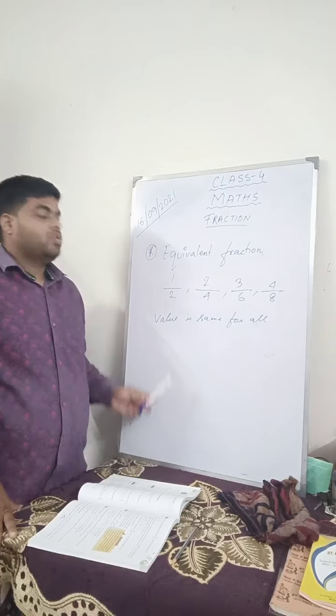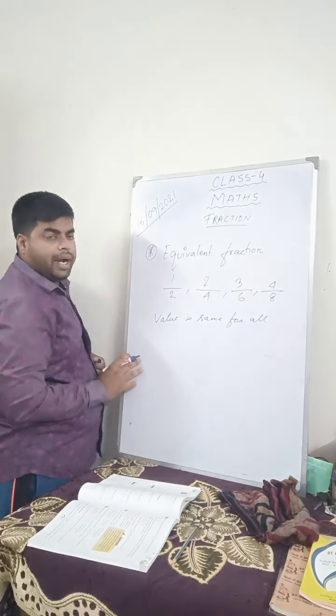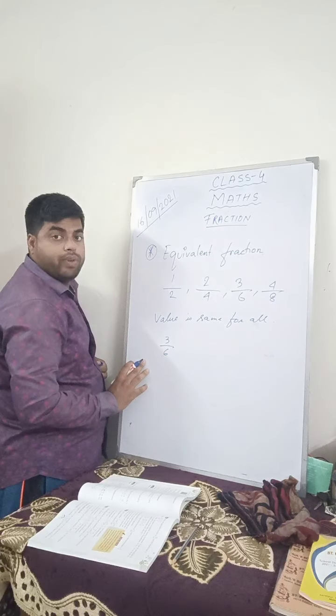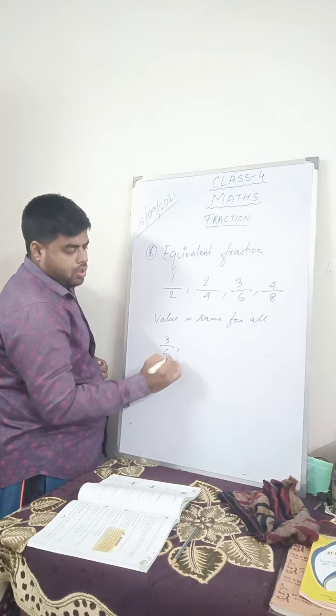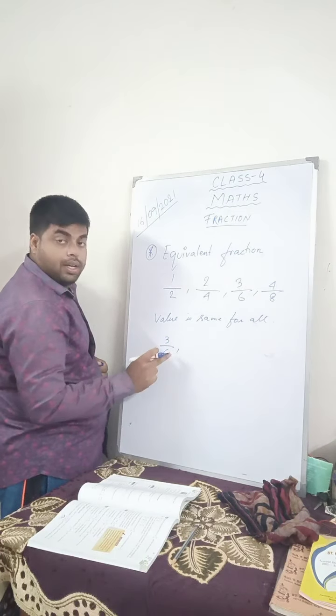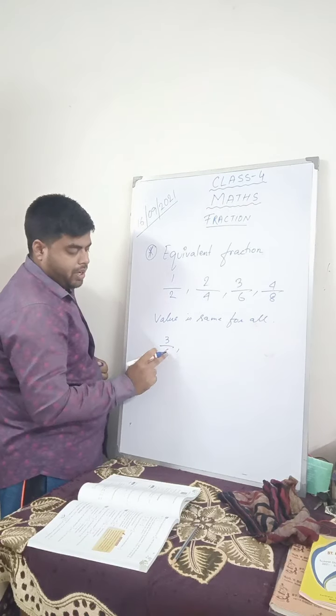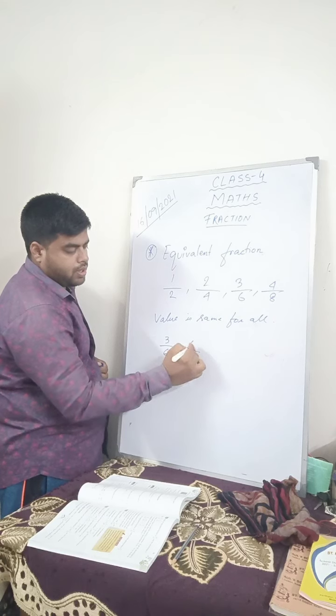Suppose I tell you one fraction, suppose 3 by 6. You have to make an equivalent fraction of this. What will be? Multiply both the numerator and the denominator by the same number. If you multiply by 2, 6 by 12.